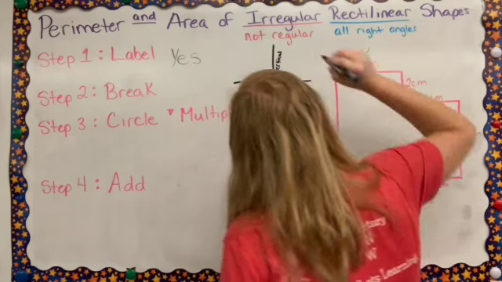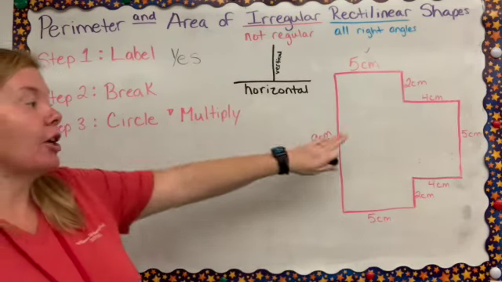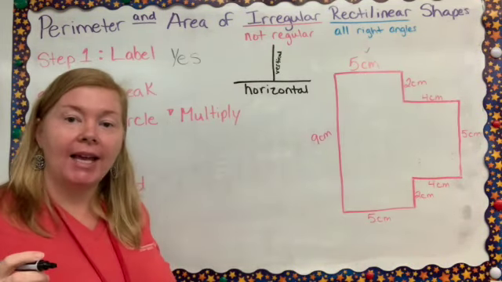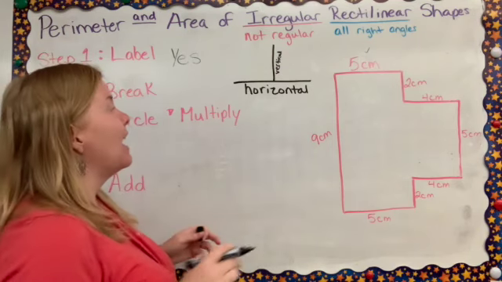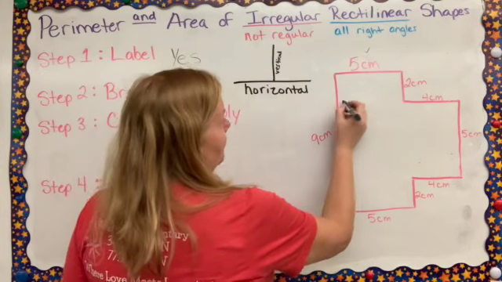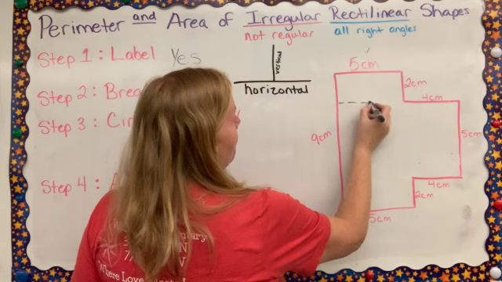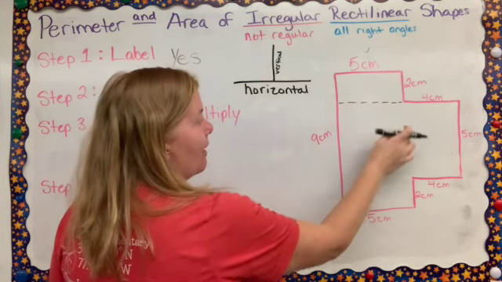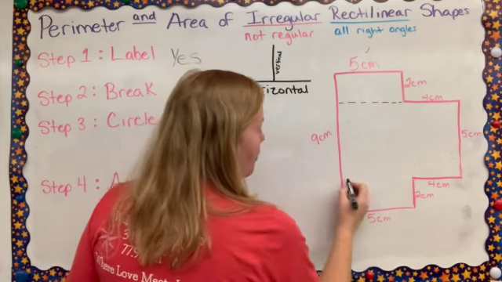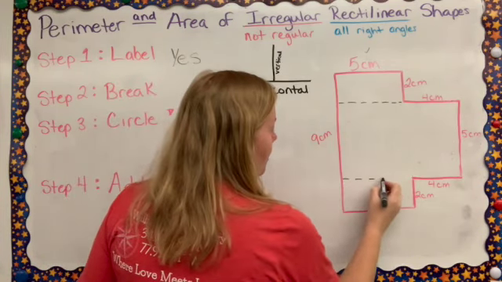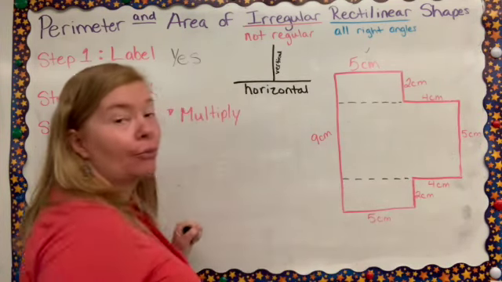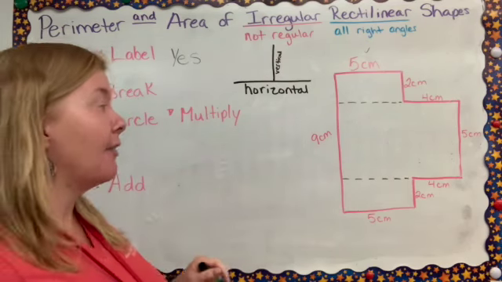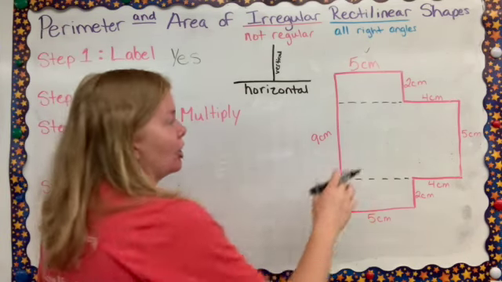Vertical. So I'm going to look over here and I'm going to see the best way to break this shape. If I break it horizontally, then I still have another irregular shape. I would have to break it into 3 shapes. I can do that. I definitely can. But that's not my suggestion.